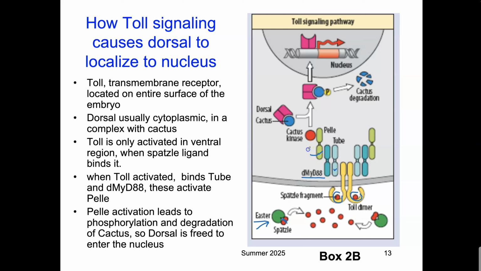Now, what is interesting about this kind of signaling is not only does it create the dorsal-ventral specification in the early embryo, but with just a couple of small differences, it also has immune functions. So flies have what we call innate immunity. They have built-in immune responses to certain kinds of pathogens, such as certain kinds of bacteria and so on.